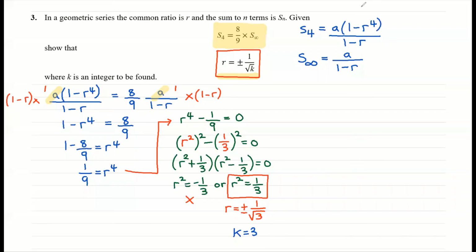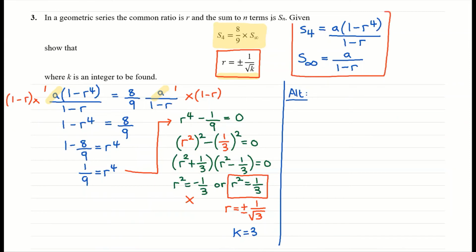Now, just as one possible alternative approach to this, just another way of thinking about it. When we start off with the two equations at the top here, remember these are in the formula book. You just look these up. There's nothing wrong with that. You could actually write an equation just in terms of the sum to infinity.